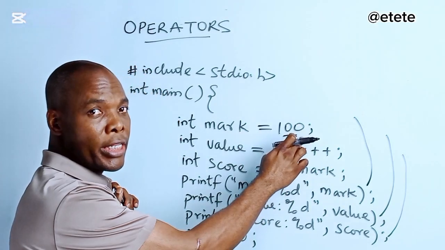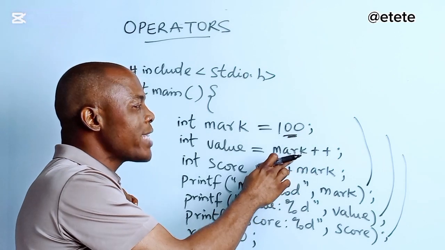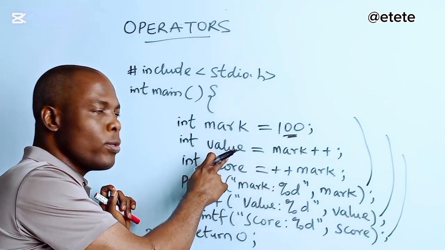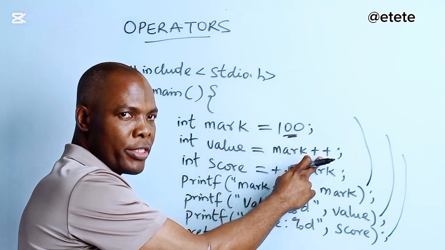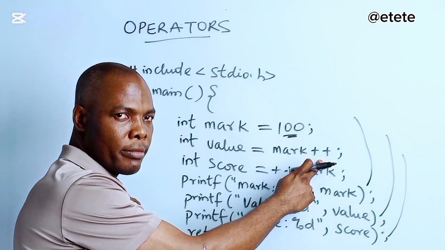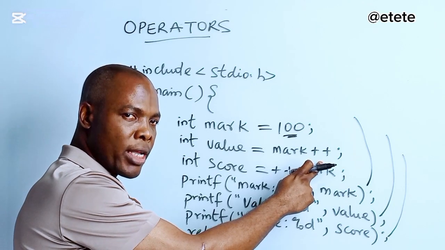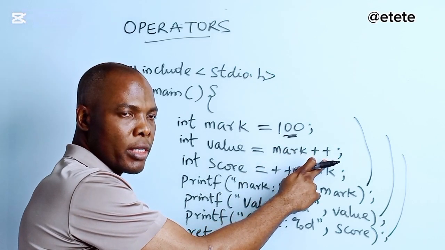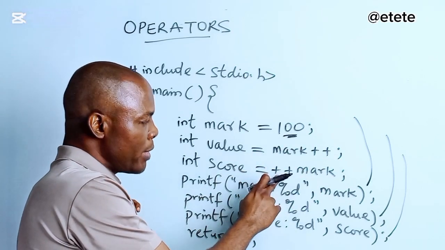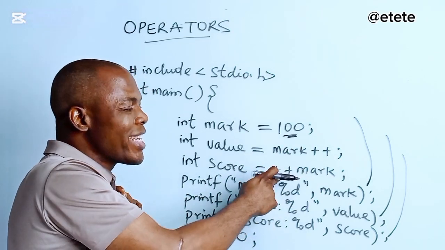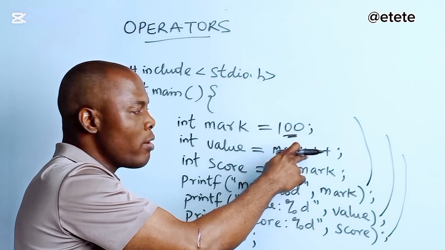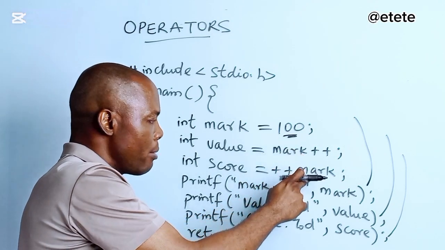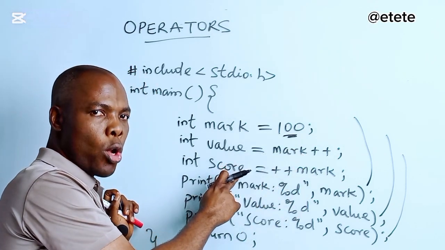If mark is 100, we have to assign this mark to this value before we increase it. You understand? We are going to assign this value to this before we increase it. Then, in this place, we have to increase what the new value of mark is before we assign it to score.